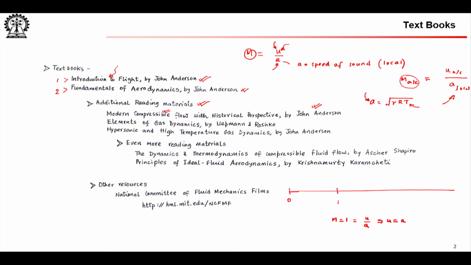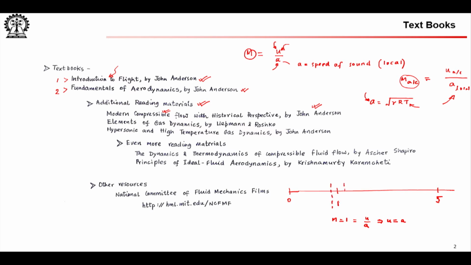So, Mach number 1 is essentially where your vehicle is flying at the local speed of sound, and then there is this special Mach number 5. Around Mach number 1 we have this small band.